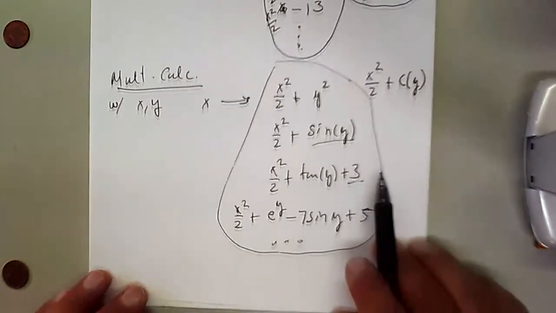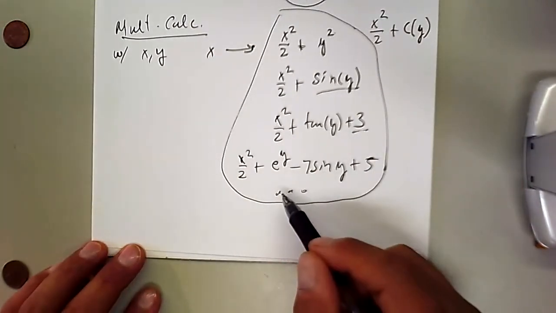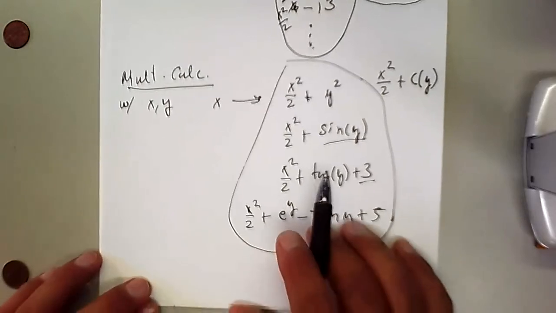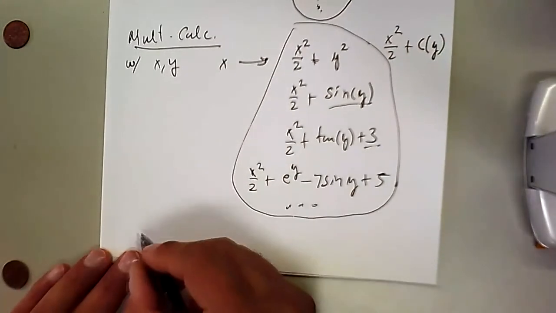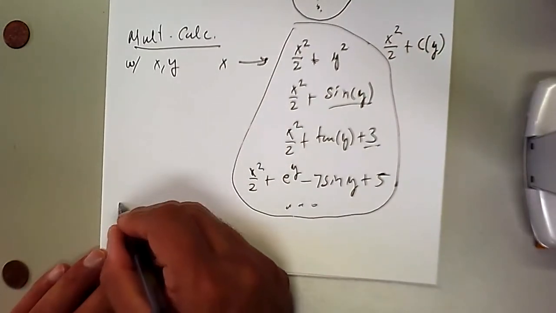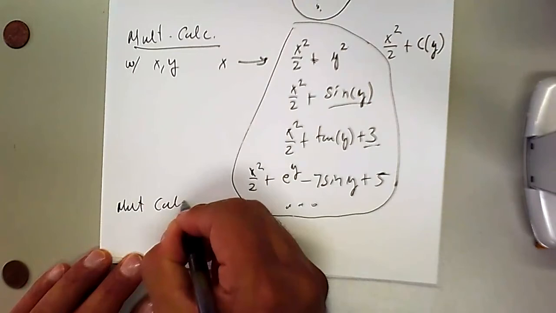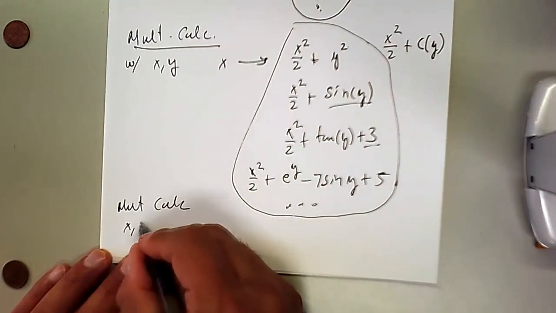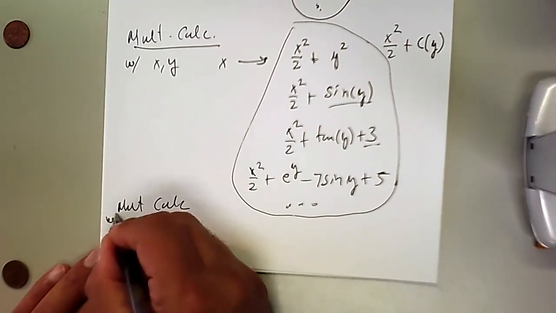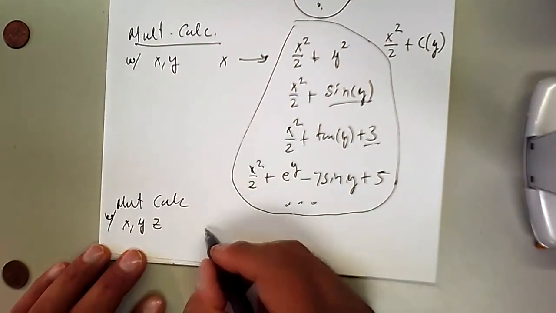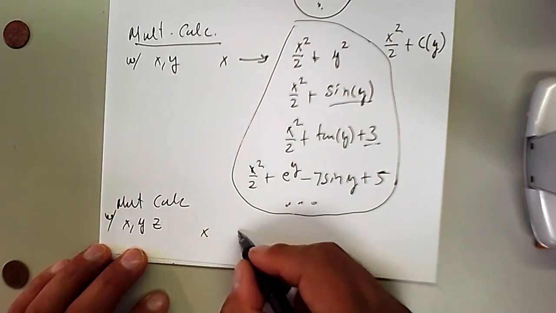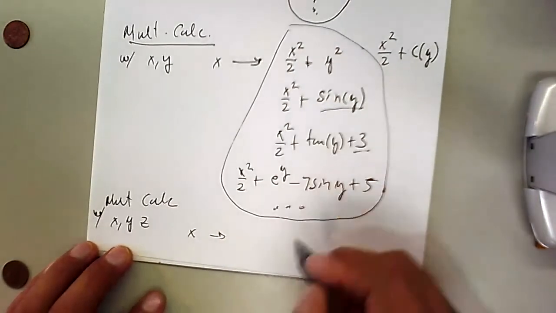And just one more example, the same general example. Let's say you have multivariable calculus and you have 3 inputs, x, y, and z. What is the antiderivative of x? I'm not going to give you many examples.